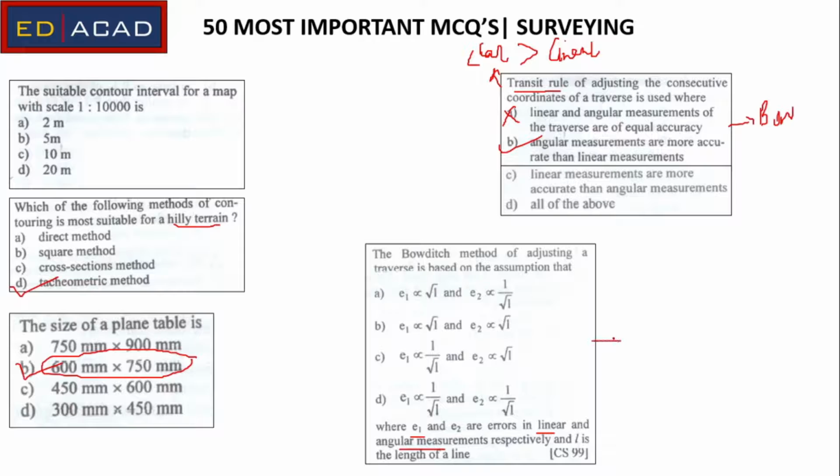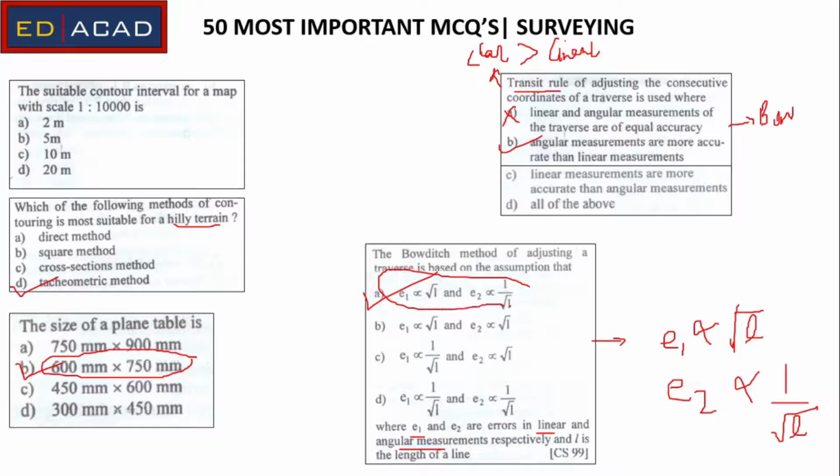So you need to remember this, that in Bowditch rule, the error in the linear measurement is directly proportional to the square root of the length, and in angular measurement is inversely proportional to the square root of L, or the length of the line. So let's see which option is matching here. E1 directly proportional to square root of L, E2, so okay, option A will be the correct option here. Okay, let's move ahead.